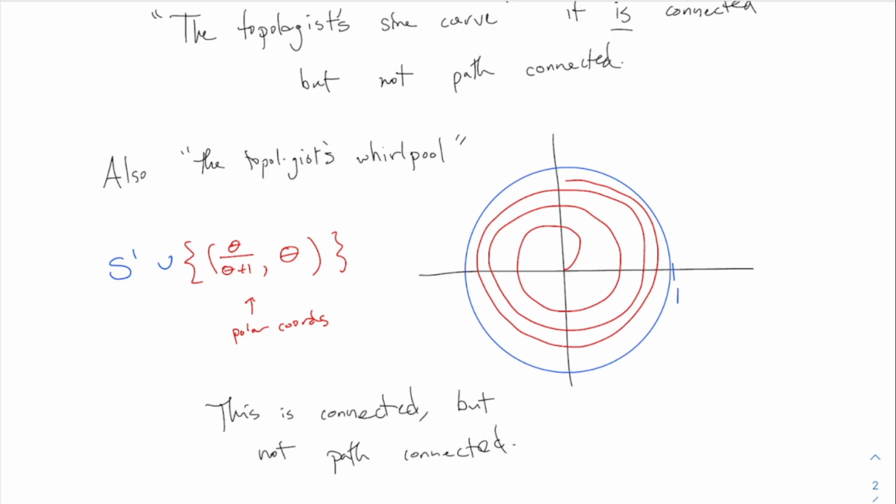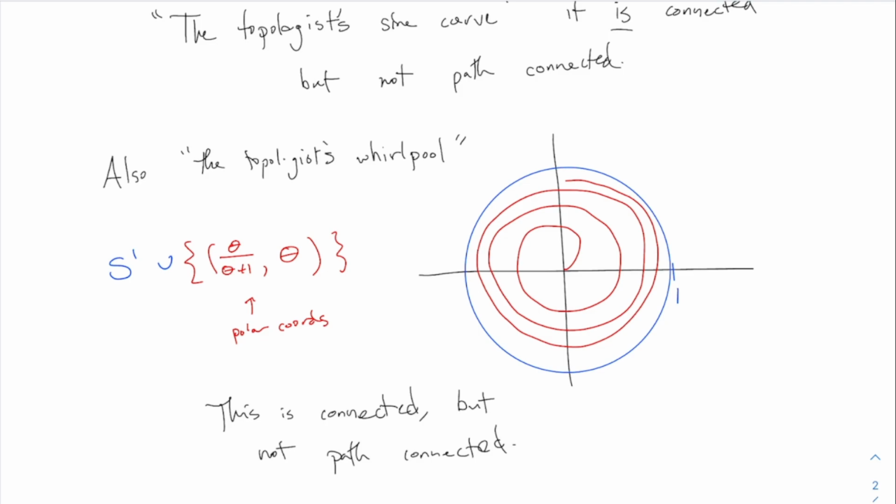All right. I would say in general, this idea of being connected but not path connected is something that, to my knowledge, doesn't really occur in reality. People in real life care about connectedness when they're talking about, like, am I gonna get electrocuted by this electrical wire? The answer is yes, if it gets connected to you.